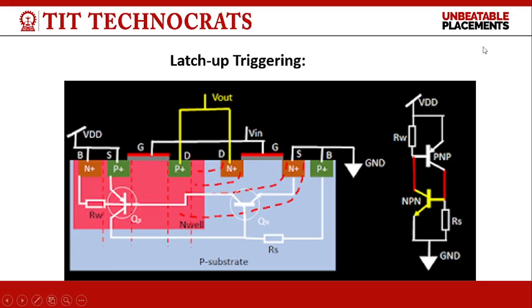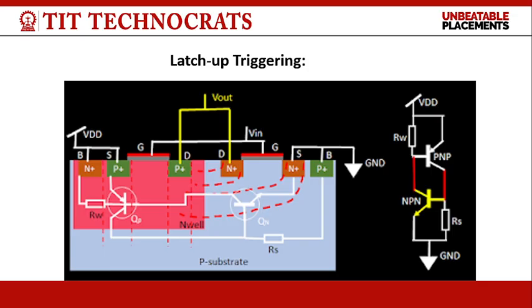Both these BJTs are interconnected with each other in such a way that they form a PNPN device. The base of the PNP BJT, as shown in this diagram, is connected to the collector of the NPN BJT, and the base of the NPN BJT is connected to the collector of the PNP BJT.